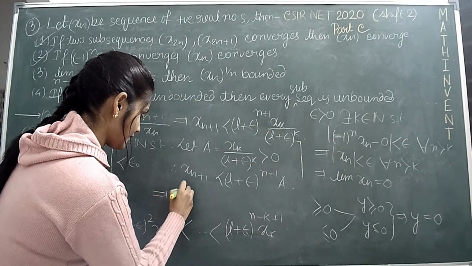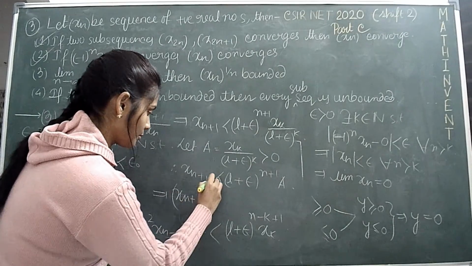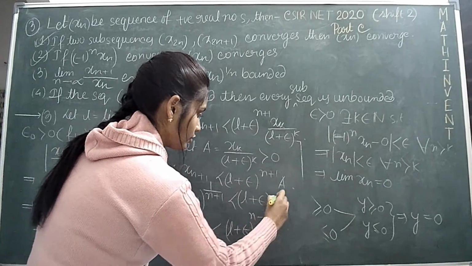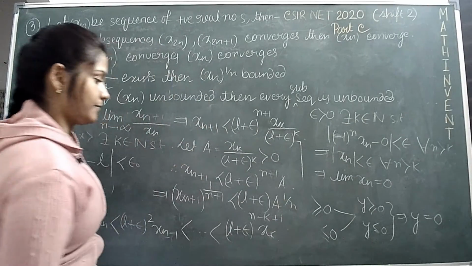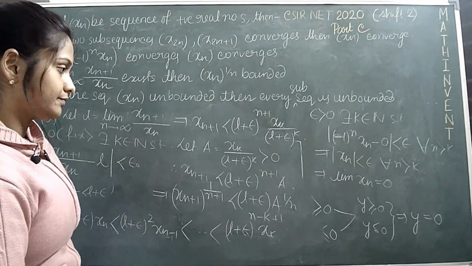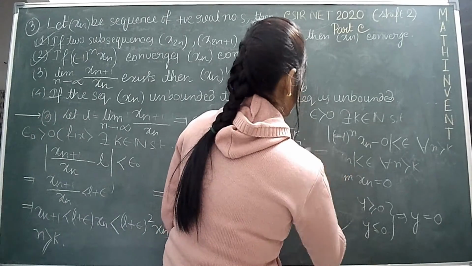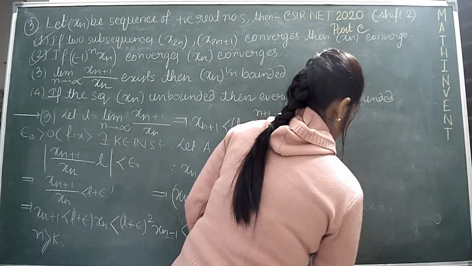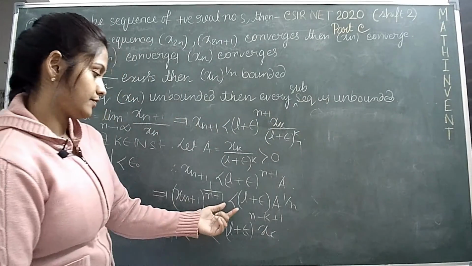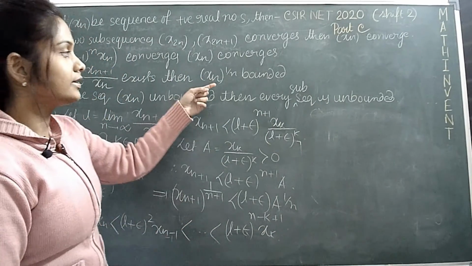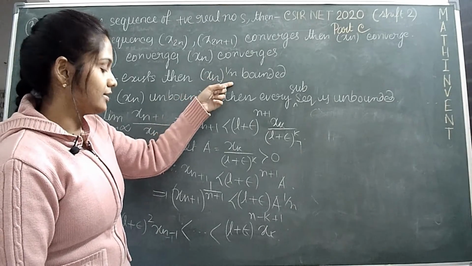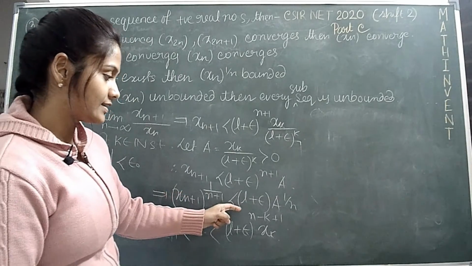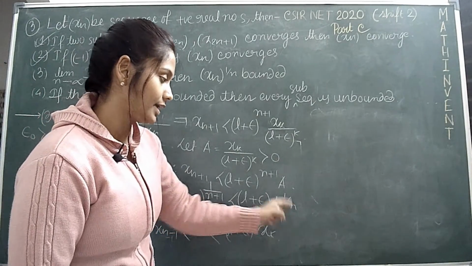So this implies xn plus 1 power 1 by n plus 1 is less than (L plus epsilon) into A power 1 by n. So xn power 1 by n, which is the same as xn plus 1 power 1 by n plus 1, is less than (L plus epsilon) A power 1 by n.